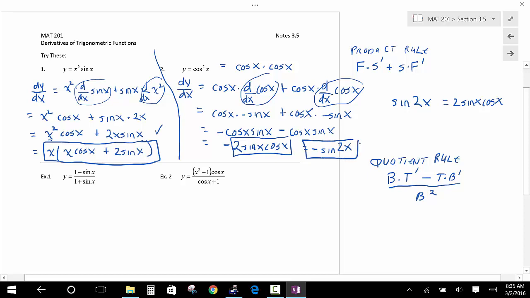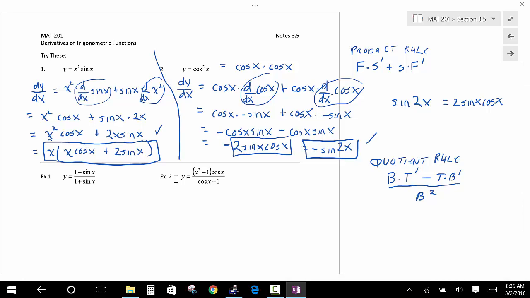Okay, that's using the identity. You can write the answer either way, but again, it's good to see that identities can sometimes simplify these a little bit like that. Okay, so that would be the final answer, is negative sine 2x. Okay, and again, that's a problem that next week we'll learn how to do with the chain rule, and it's actually a little easier when you do that with the chain rule. Okay, all right, are there any questions on those two?